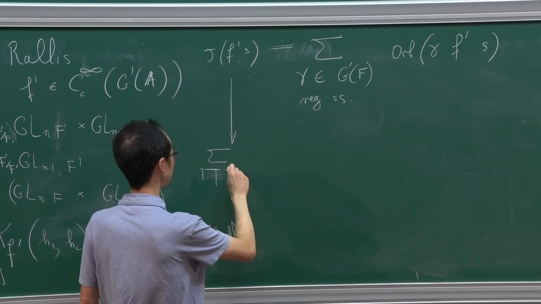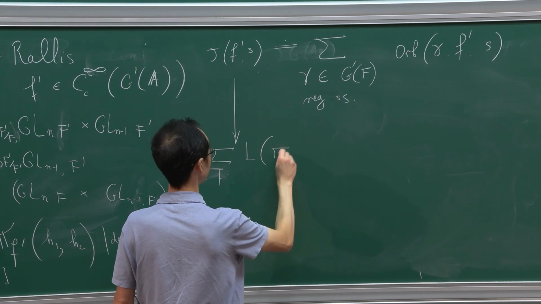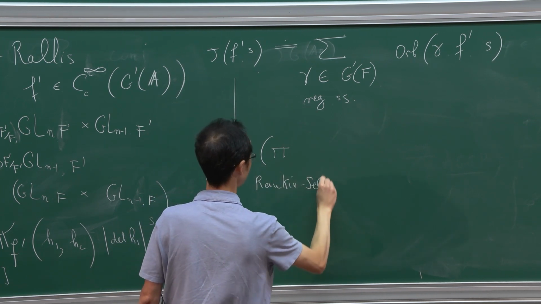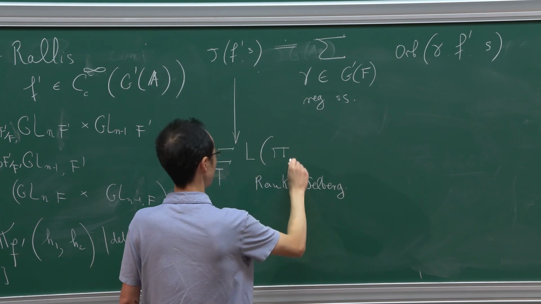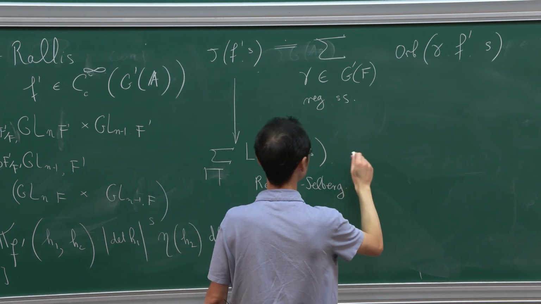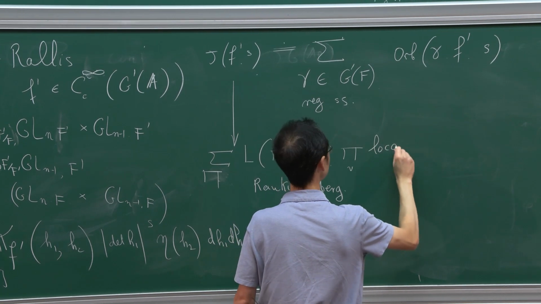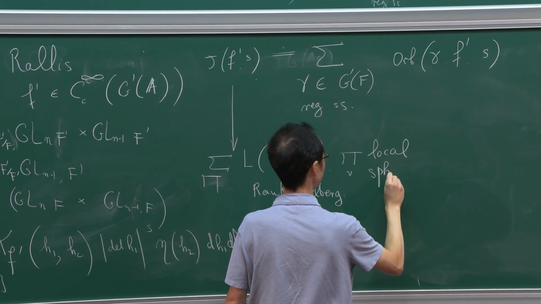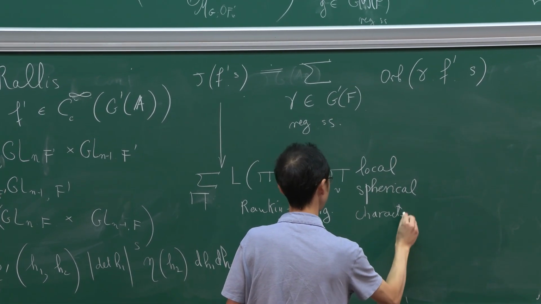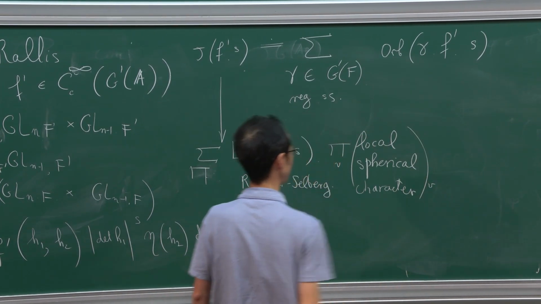At least for the cuspidal ones, you get the Rankin-Selberg L function in the s variable, times some local quantity, some local character, for each place.